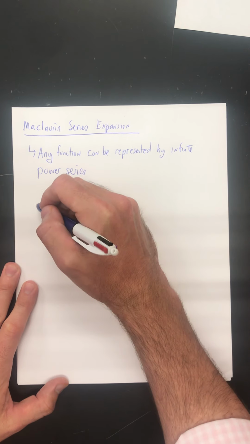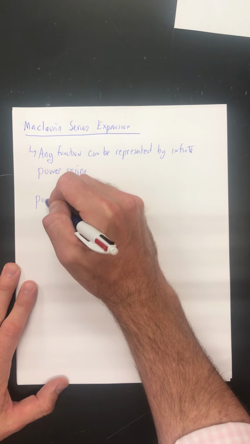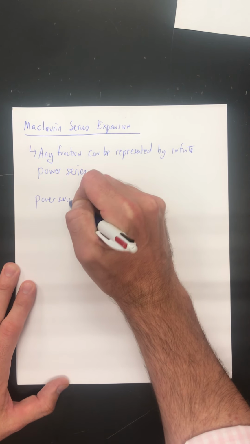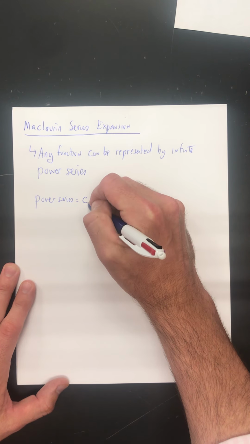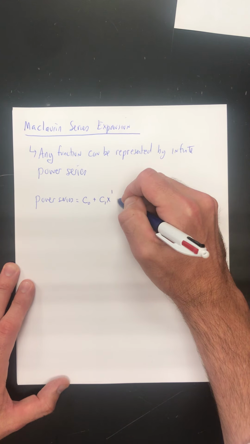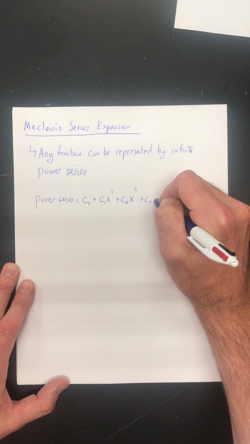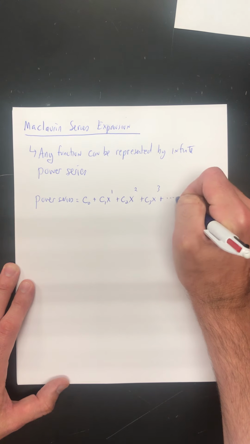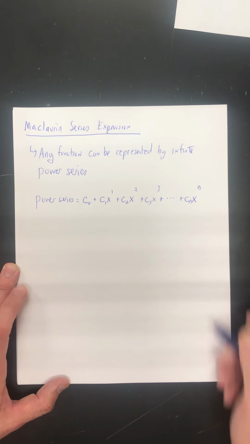A power series is of the following form. We're going to have some sort of constant, which we'll call C0, plus C1 x to the first, plus C2 x to the second, plus C3 x to the third, plus dot dot dot, plus Cn x to the n, where that's the nth term.